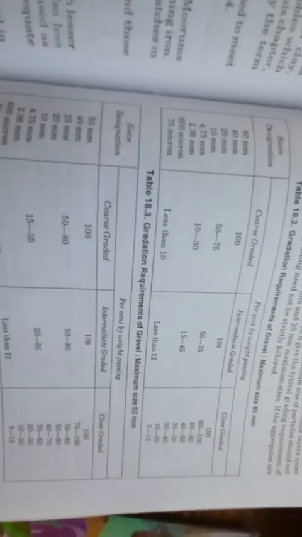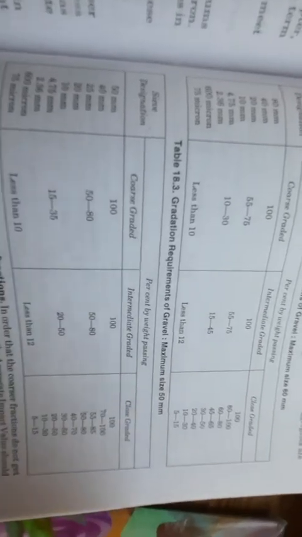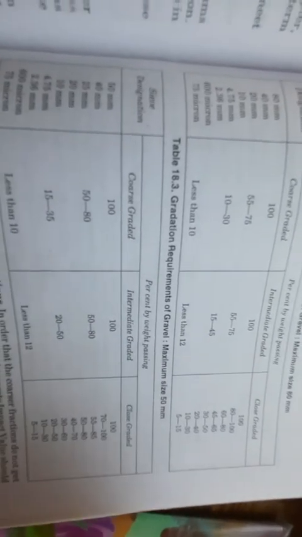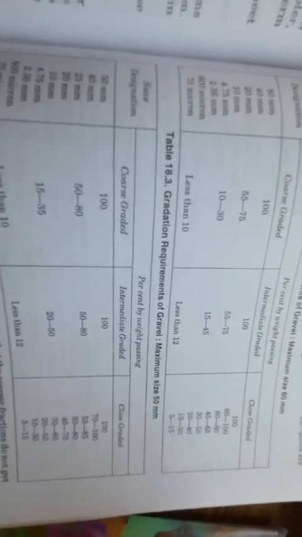Whatever material is chosen and the gradation is formed, if you get the required density, then you use it for any of the highway constructions. Okay, the gradation you can find in the MORTH. You can go to the MORTH specification for the GSB layer, you can find the chart there, even for the open graded and the close graded.